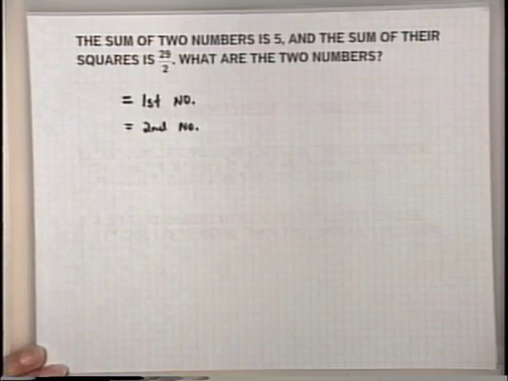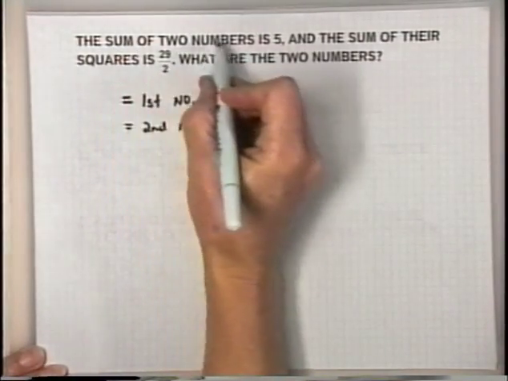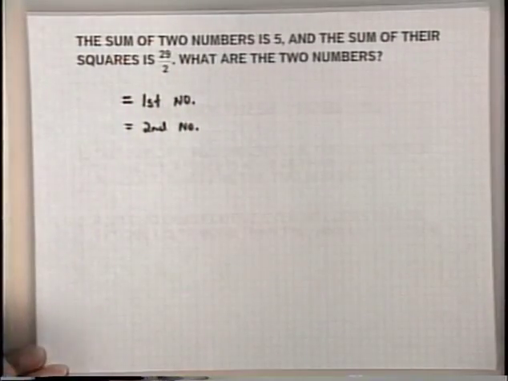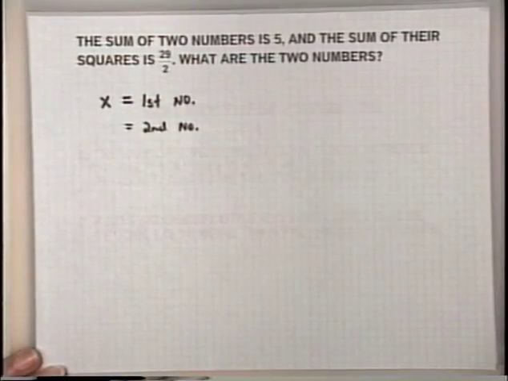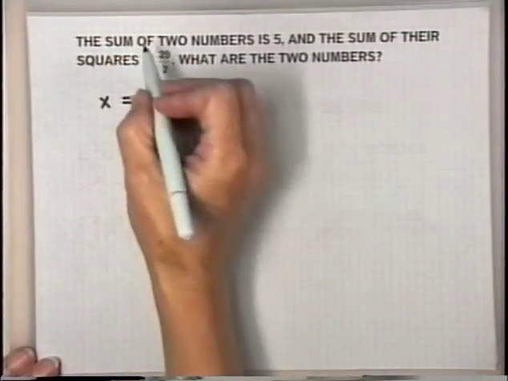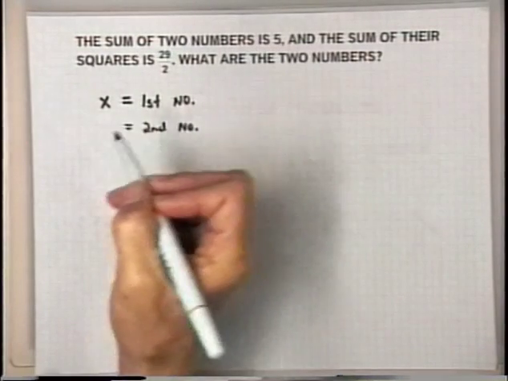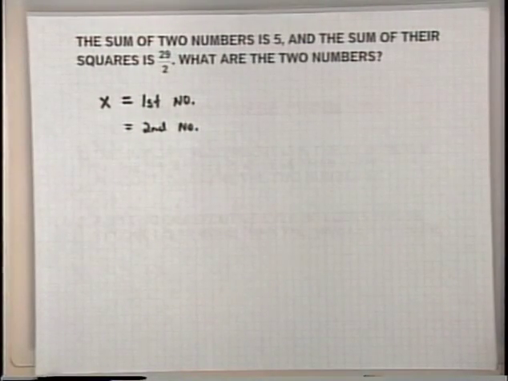I will need to decide what I want to do over here in terms of choosing a variable. Notice in this first sentence, I'm told that the sum of these two numbers is 5. Since I don't know anything else about the numbers, I'm just going to let x be my first number. And then I'm going to try to use this sentence to write an expression for the second number. So let's think for a minute.